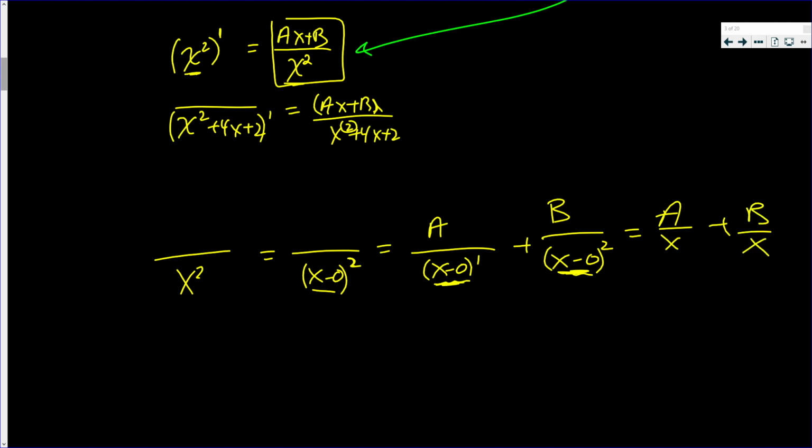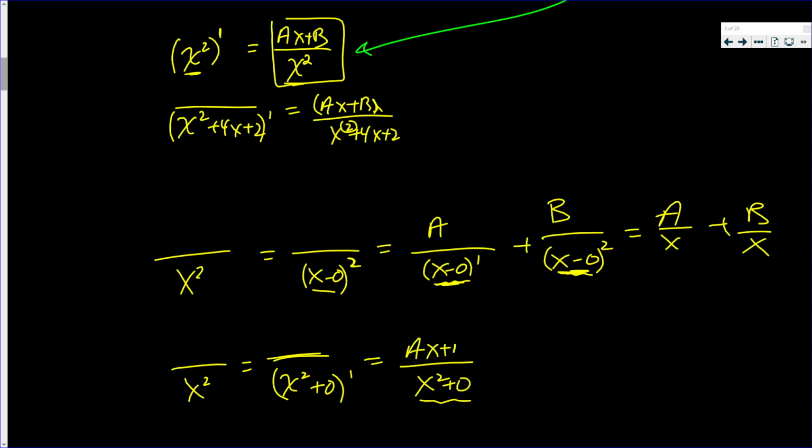But now, if you want to think of x squared as x squared plus 0 to the first, which it is, then the denominator is just x squared plus 0, and since this is quadratic, you put linear, first degree on top, and x squared plus 0 is just x squared. And these are the same.